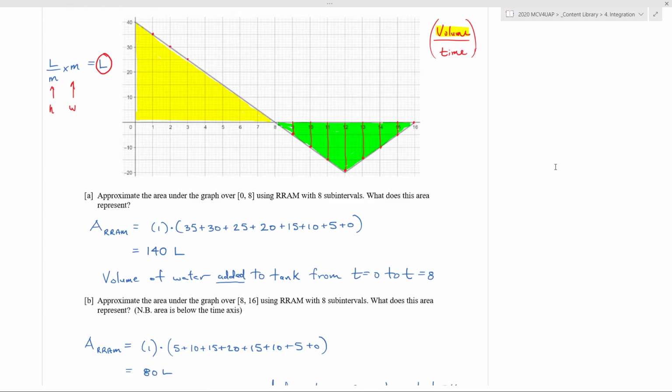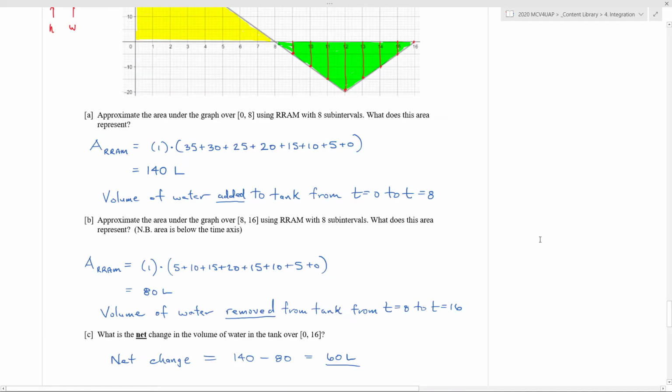Or 140 that you added and 80 that you've taken out would give you 60 liters of water would be the net change. So over 16 minutes, 60 liters of water would be added to the tank. That would be the net result. Any questions on that?